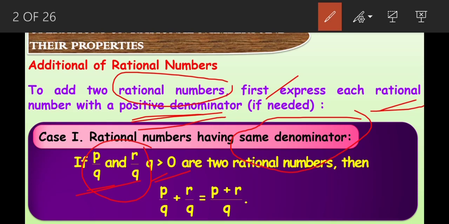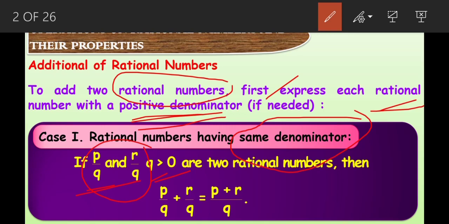So Q should be greater than 0 and not equal to 0, because if it is 0, the rational number does not exist. So that's why it should always be greater than 0. We have that kind of two rational numbers.